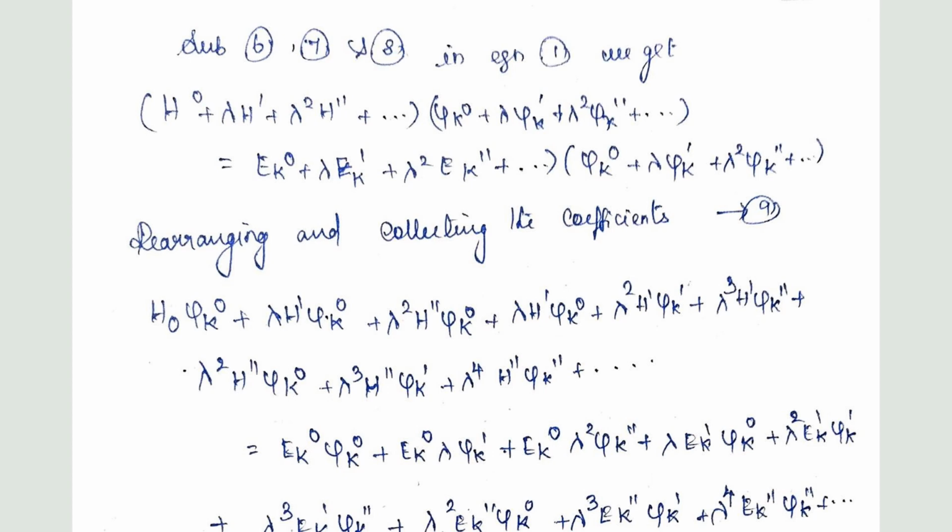E is Ek naught plus lambda Ek dash plus lambda square Ek double dash, etc. and again psi. So now simplifying, that is rearranging this equation and collecting the coefficients of powers of lambda, we can have the solution for each and every Hamiltonian, that is perturbed and unperturbed, first order perturbed Hamiltonian and second order perturbed Hamiltonian, and etc.